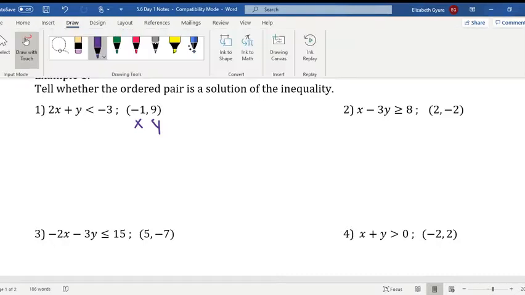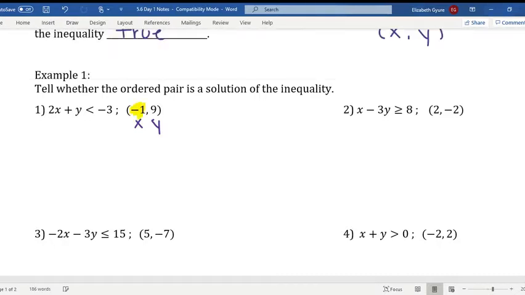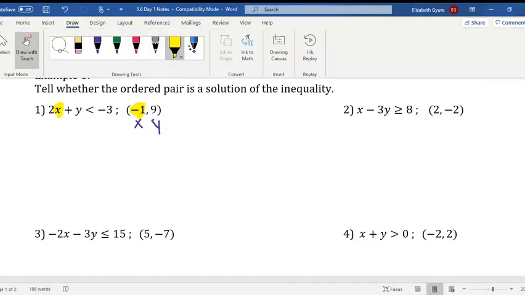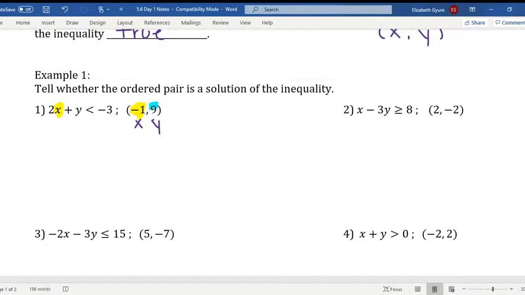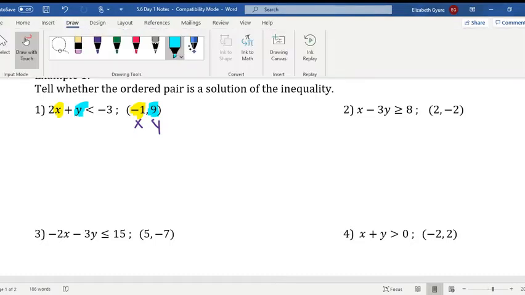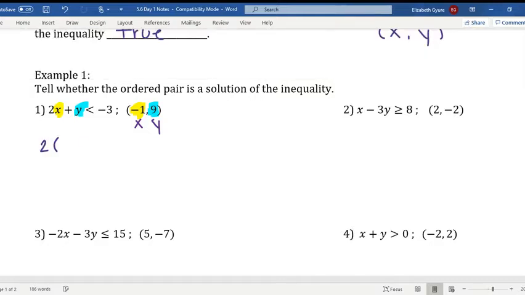So we're going to plug -1 in where we see x, and plug 9 in where we see y. If you want, use your parentheses. I know that's helpful. So we're going to have 2 times parentheses plus parentheses is less than -3.